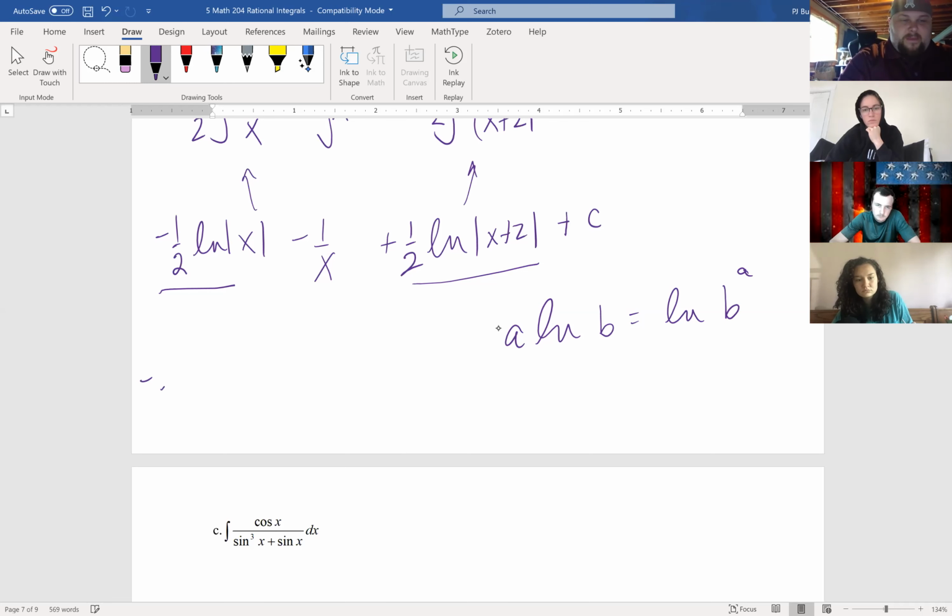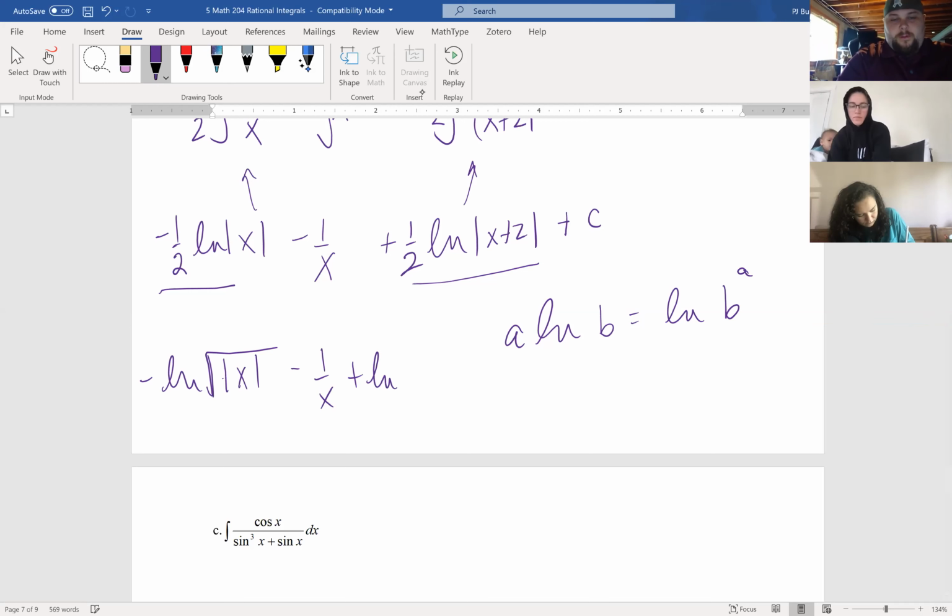So this is going to be minus the natural log of the square root. And then this one's going to be natural log square root x plus 2.